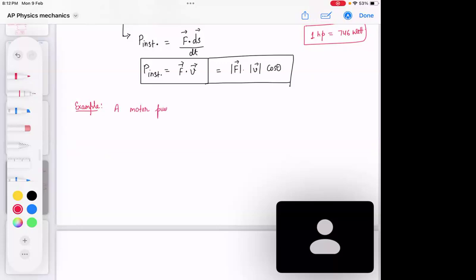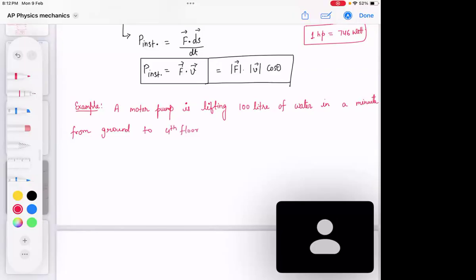A motor pump is lifting 100 liter of water in a minute from ground to fourth floor.